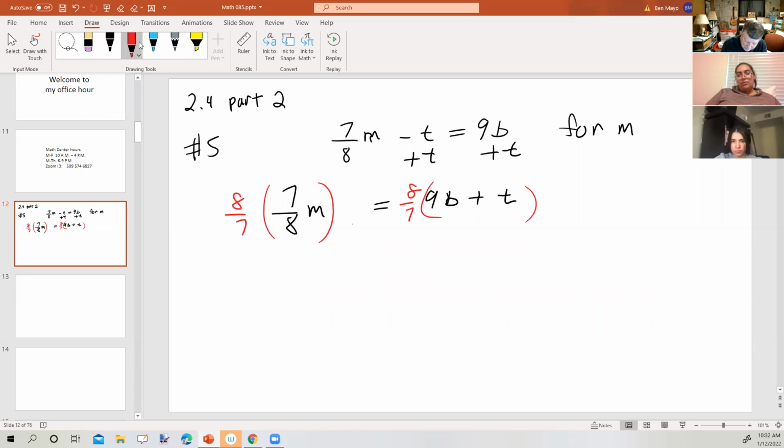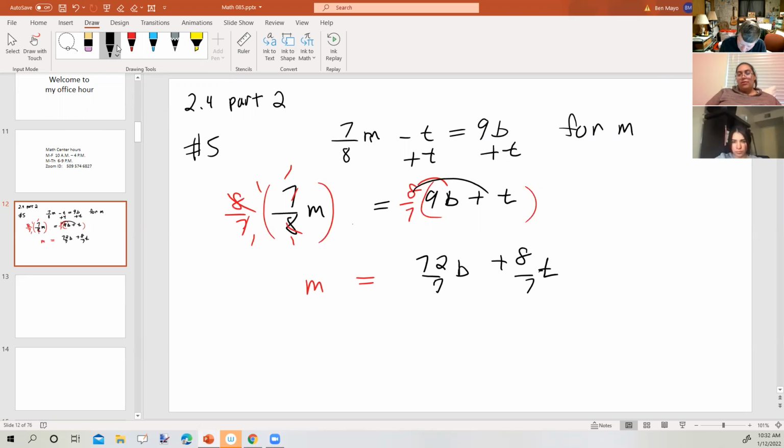On the left side, the 8 over the 8 reduces to 1/1. The 7 over 7 reduces to 1/1. So we get 1 times m, or just m. On the right side, distributing, we get 72/7 b plus 8/7 t.